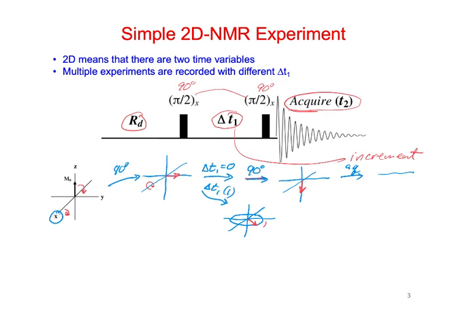It's precessing this way. Then we're going to do our 90-degree pulse, and again, it's going to rotate it around this axis.